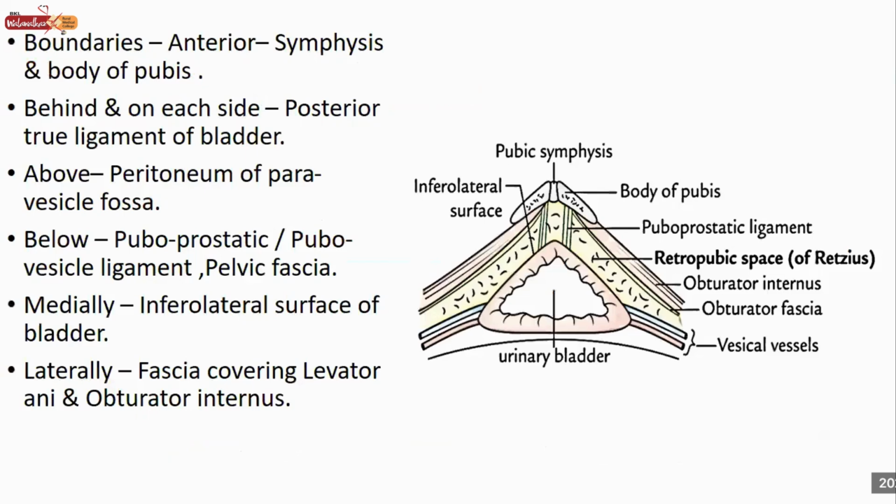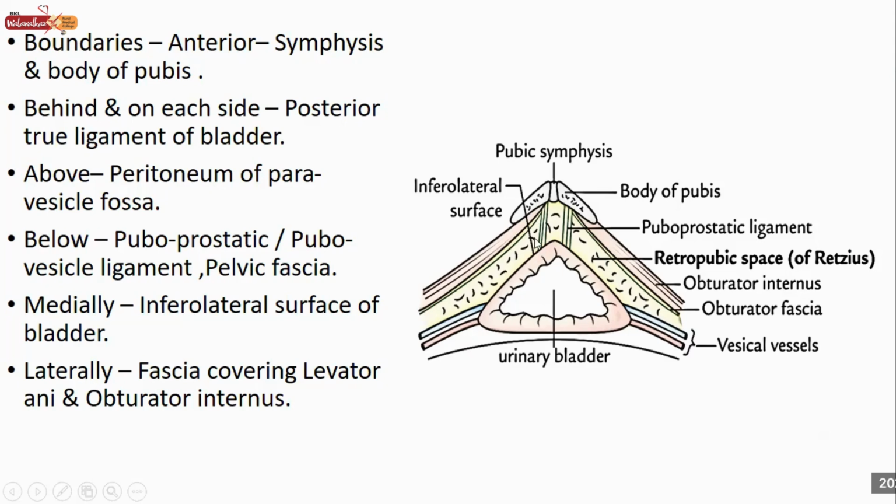Now, as you can see here, the boundaries: anteriorly you get the pubic symphysis, then the body of the pubis. Behind it will be the posterior true ligament of the bladder. Above there will be the peritoneum of the paravesical fossa. Below you get the puboprostatic or pubovesical ligament, depending upon the sex, and the pelvic fascia.